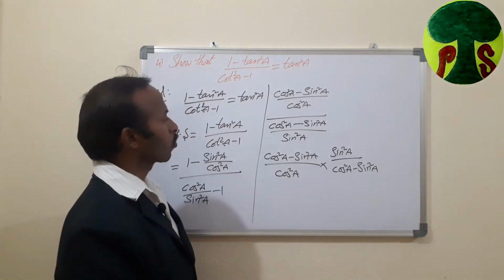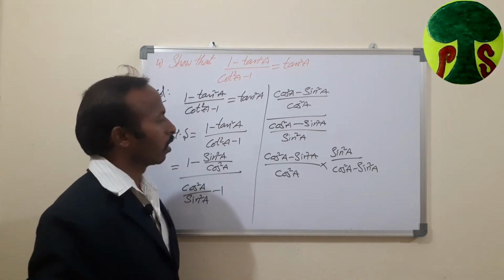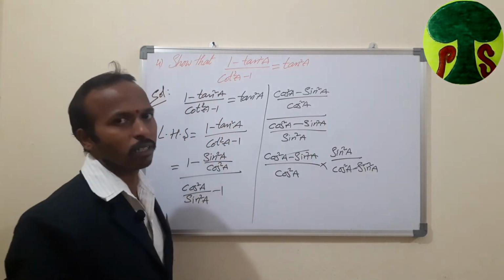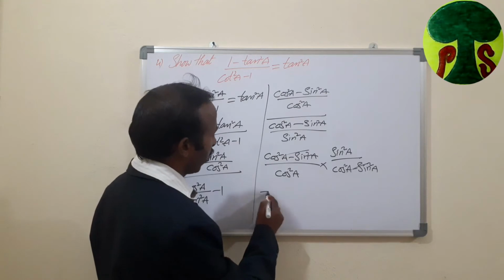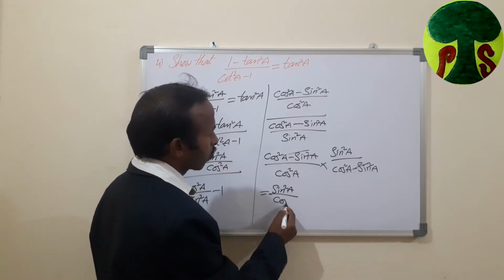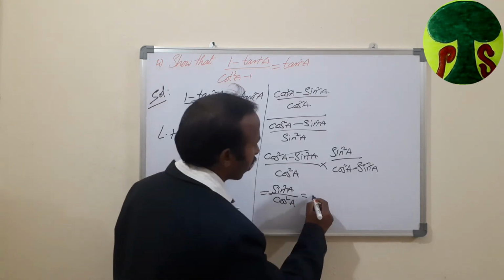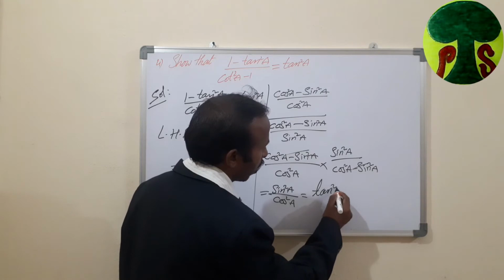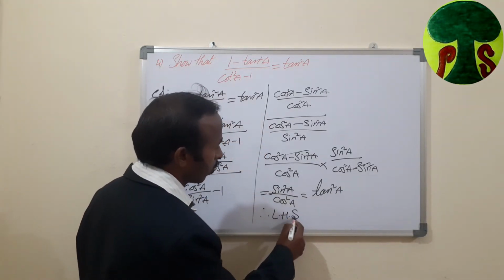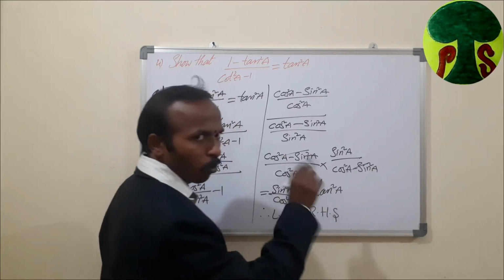Here cos square A minus sin square A gets cancelled, numerator and denominator. Now remaining is sin square A by cos square A, which is nothing but tan square A. So LHS equals RHS. Hence it is proved.